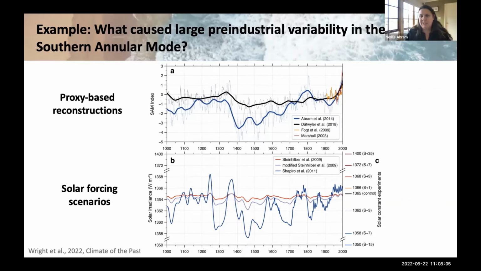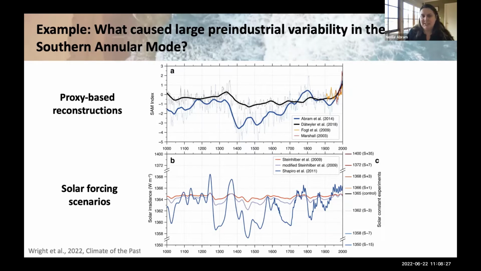One of the things we wanted to test with this was the potential role of solar forcing. In that lower panel, you can see in the red line the magnitude of solar forcing that's traditionally used for forcing last millennium simulations. In the blue curve is a different possibility for the magnitude of solar forcing.